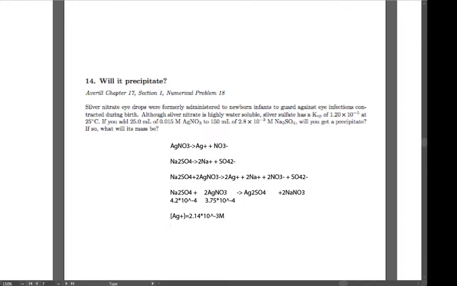We also found out how many sodium sulfate there are, which in this case we found to be 4.2 times 10 to the power negative 4.